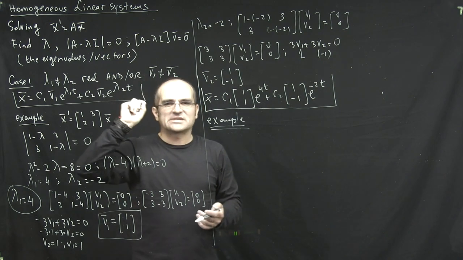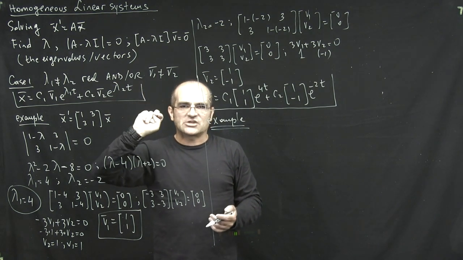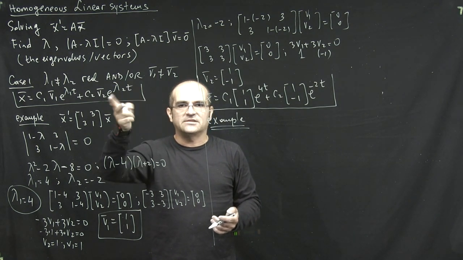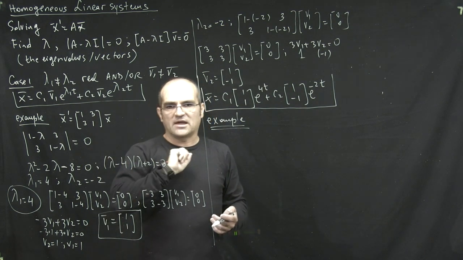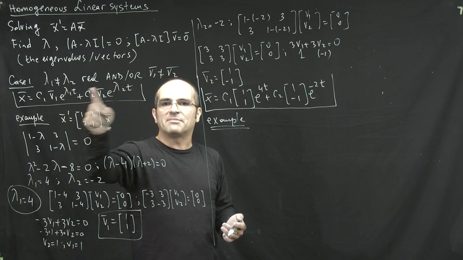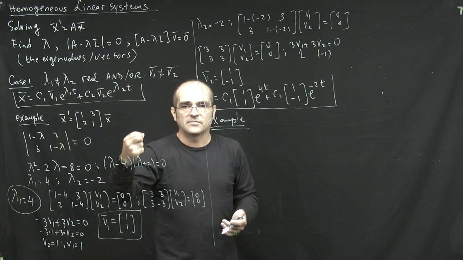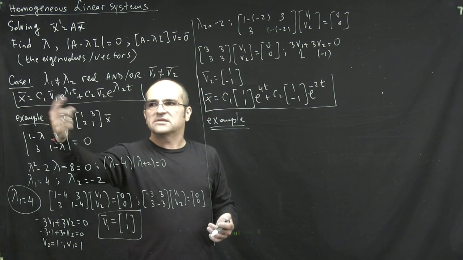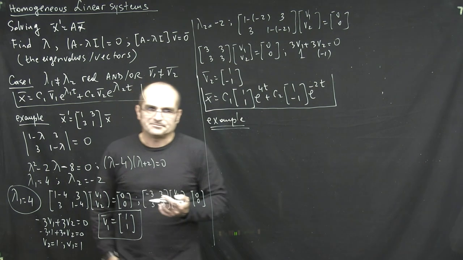Or, to be more precise, an eigenspace of dimension 2, in which you have 2 different eigenvectors that describe the whole eigenspace when you solve for the eigenvector. In that case, you still have 2 independent solutions. Although the lambdas are the same, v1 and v2 will not be a multiple of each other. So you still have the 2 independent solutions that you need.